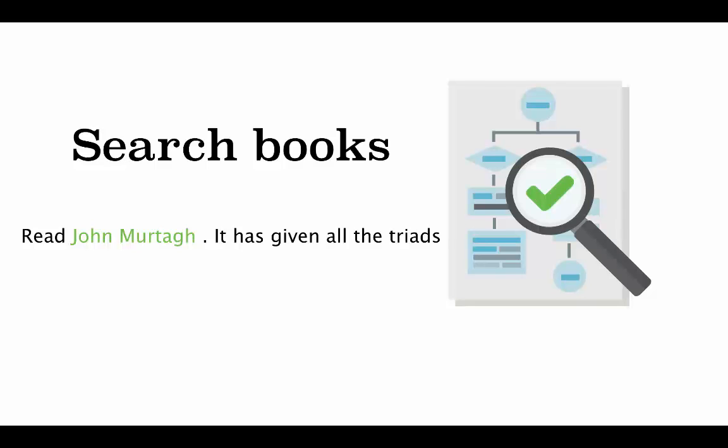For example, if you're reading abdominal pain, at the end of the book, they will give all the triads regarding abdominal pain. For example, this triad for cholangitis, triad for different types of rashes, where you don't need to spend too much time going back to each and every symptom and probably writing down those three most common things. He has done everything for you.